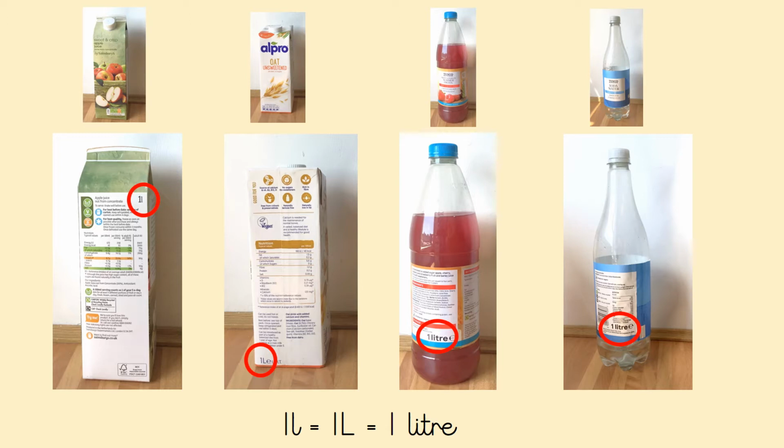When you're writing it, I'd like you to write it with a small L, like the first examples. 1L for 1 litre. Lots of the things we buy come in 1 litre volumes. So things like juices, things like some waters or some milks come in 1 litres.